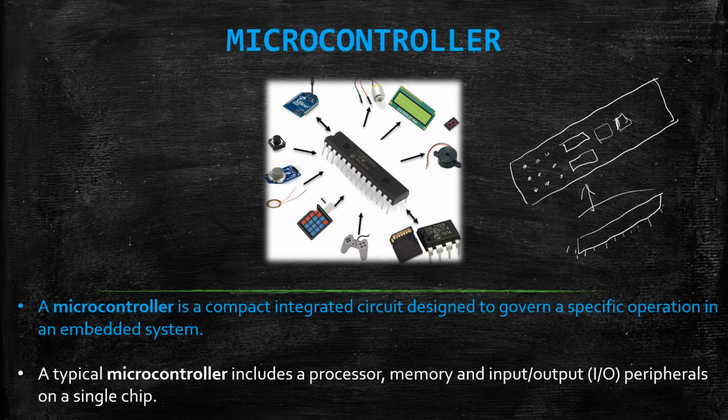Now this is a special microcontroller. Why? Because it is embedded with this remote control. Now the specific job of this microcontroller is to control the TV, right? From these buttons you can change the channels, from these buttons you can change the volume, right? So this microcontroller must have a processor, right?